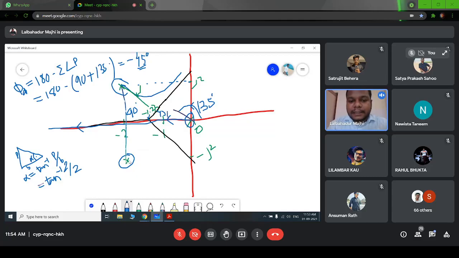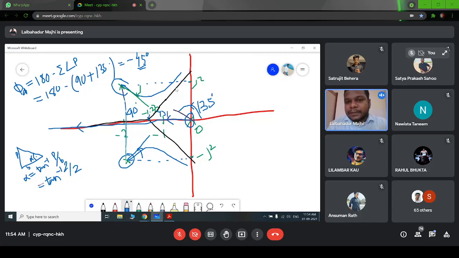So similarly, the angle here for this lower complex pole will be 45 degree. So the root locus will start like this and it will follow this asymptote, right?